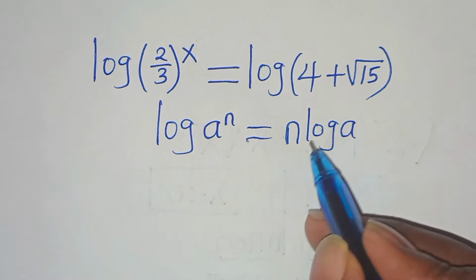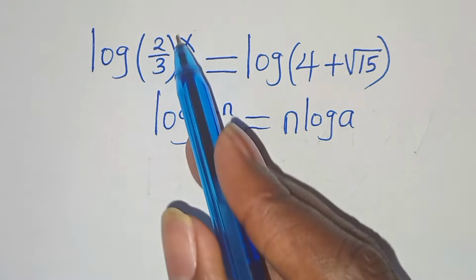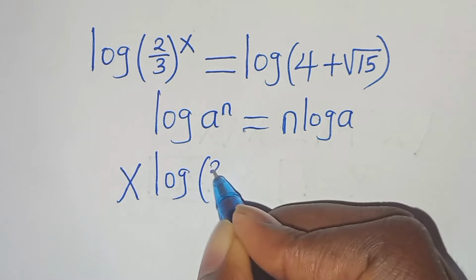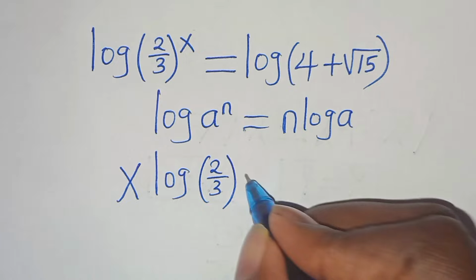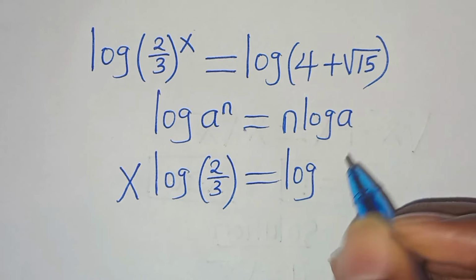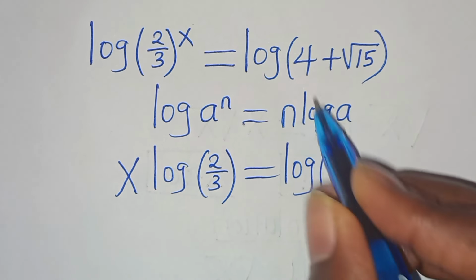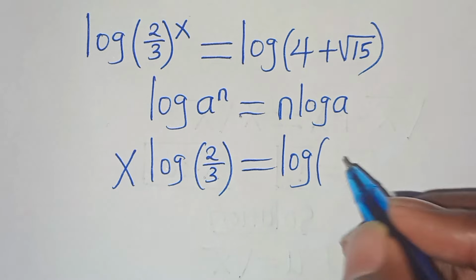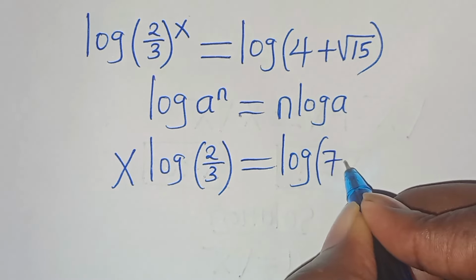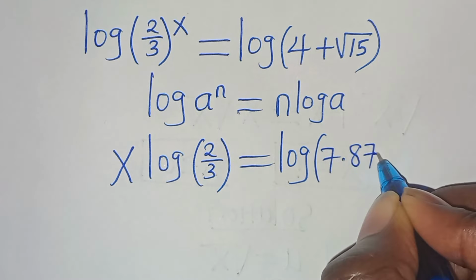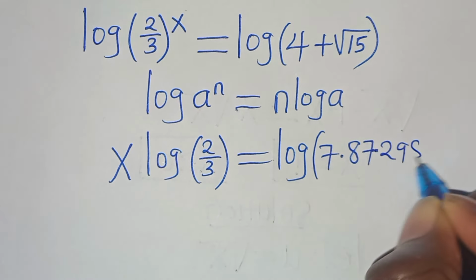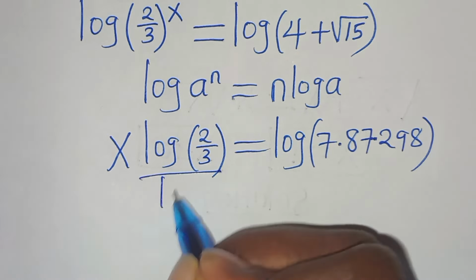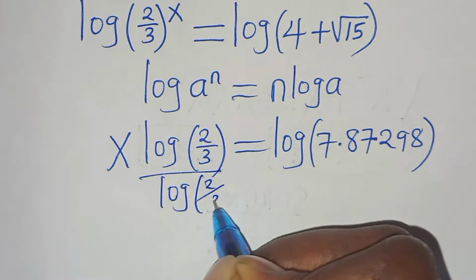Applying this power rule property of logarithm, log (2/3)^x becomes x log (2/3), equal to log of 4 plus the square root of 15, which is the same thing as 7.87298. Then from here, we can divide both sides by log (2/3).